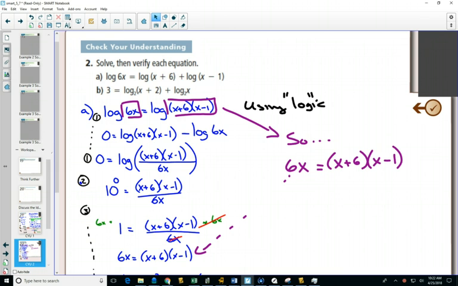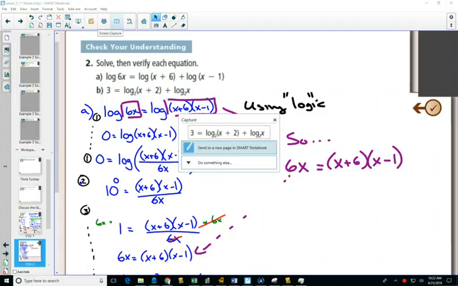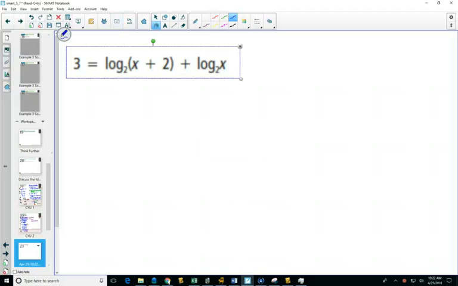Nice. Okay. Part B. We have a log equation. We have two logs.